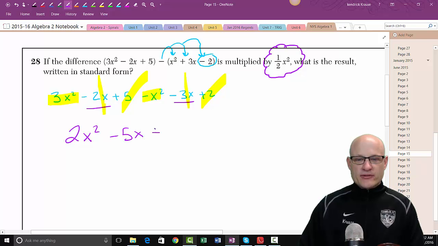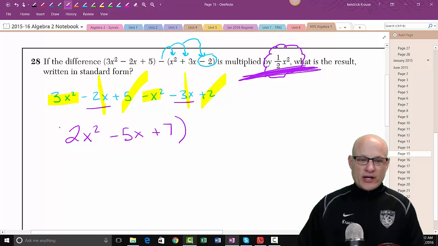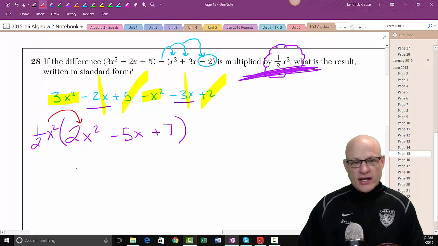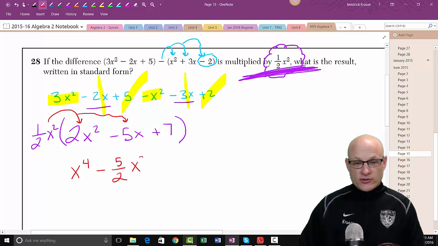and then plus 7. But it said that we have to multiply it by, now I don't know why we want to do this, but we're going to multiply by 1/2 x squared. So we're going to take this whole thing and multiply by 1/2 x squared. So now we're going to distribute this thing. 1/2 times 2 is 1, and we get x to the 4th. 1/2 times negative 5 is negative 5 over 2 x cubed.